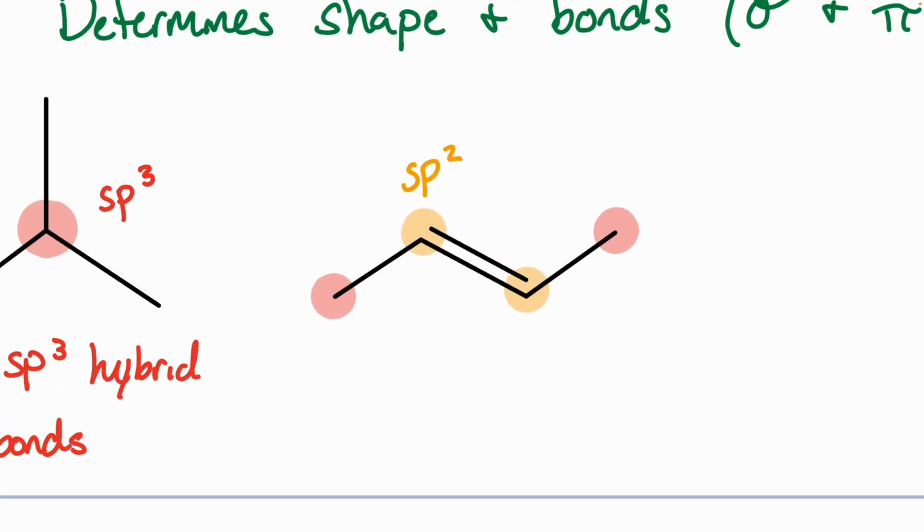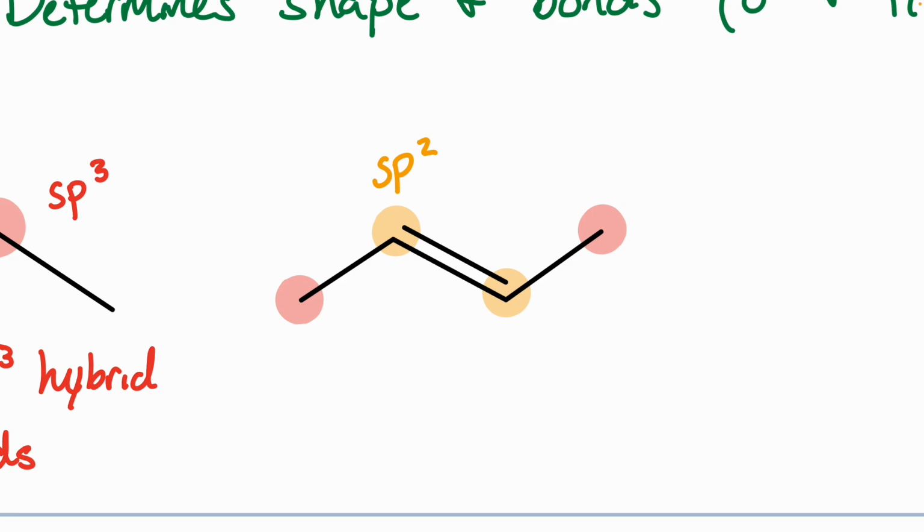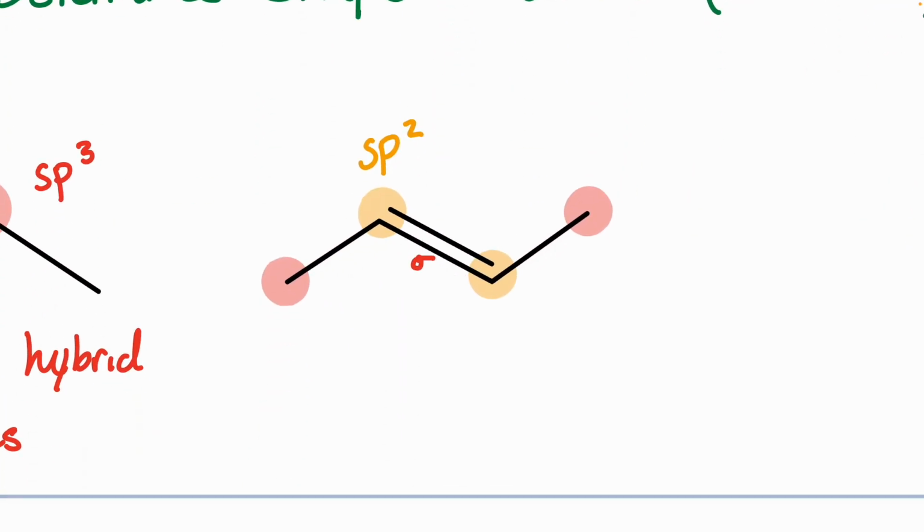And that's important. One of those carbon-carbon bonds is a boring old sigma bond, but the other one is one of those highly reactive pi bonds.